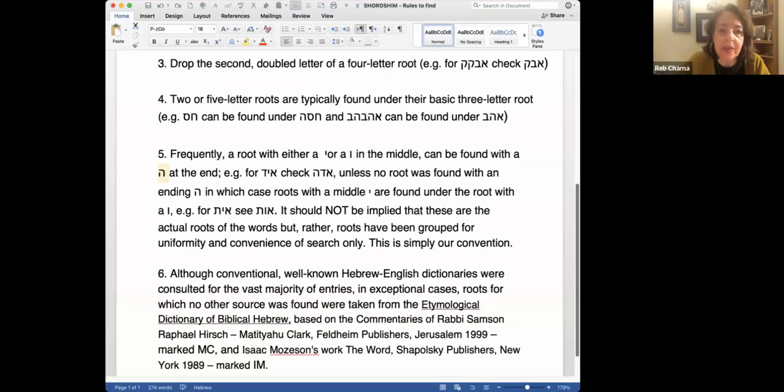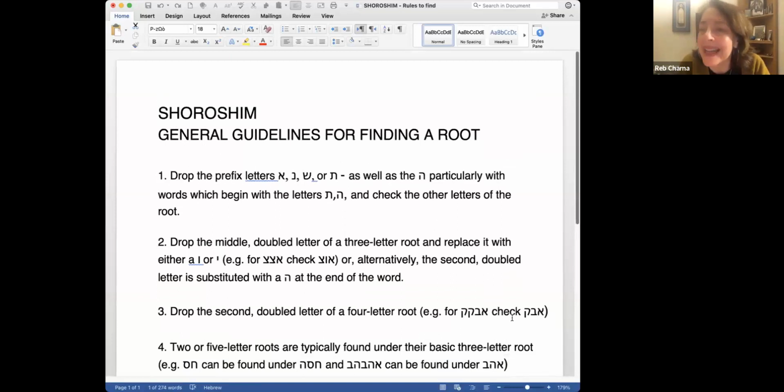And maybe we'll dive into an example. I was going to take a sentence from my favorite parsha. Why not? But first I want to say there are some principles, general guidelines for finding a root. I can send this to everybody, or they could put it in the YouTube.